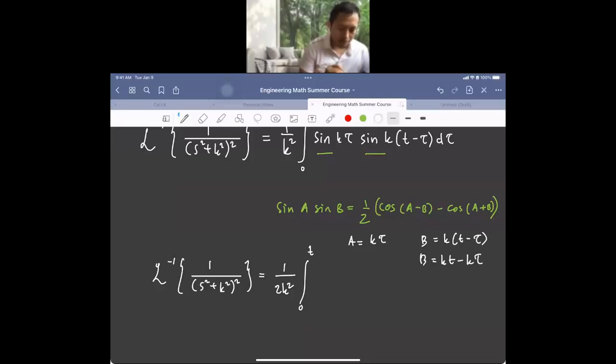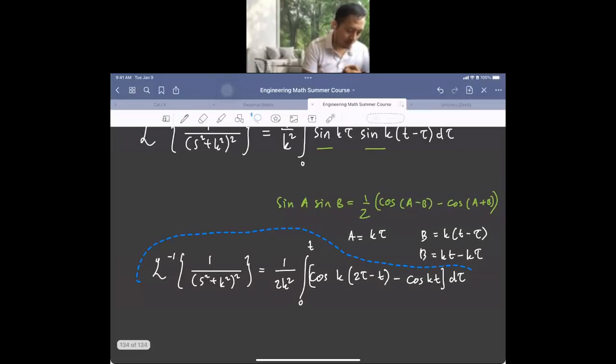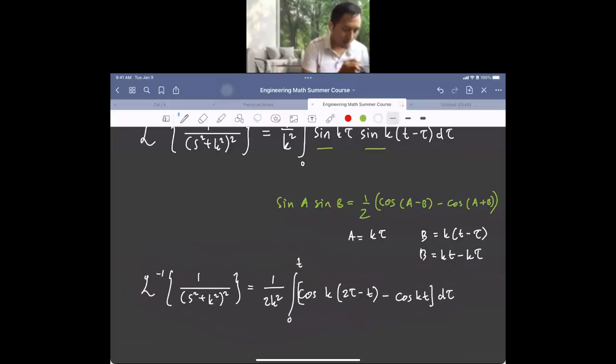So A minus B has two tau, right? So cos k(2 tau minus t), and minus cosine. If we add, it's just kt, right? Just kt, because tau cancels in the sum. So this is the whole thing, d tau.